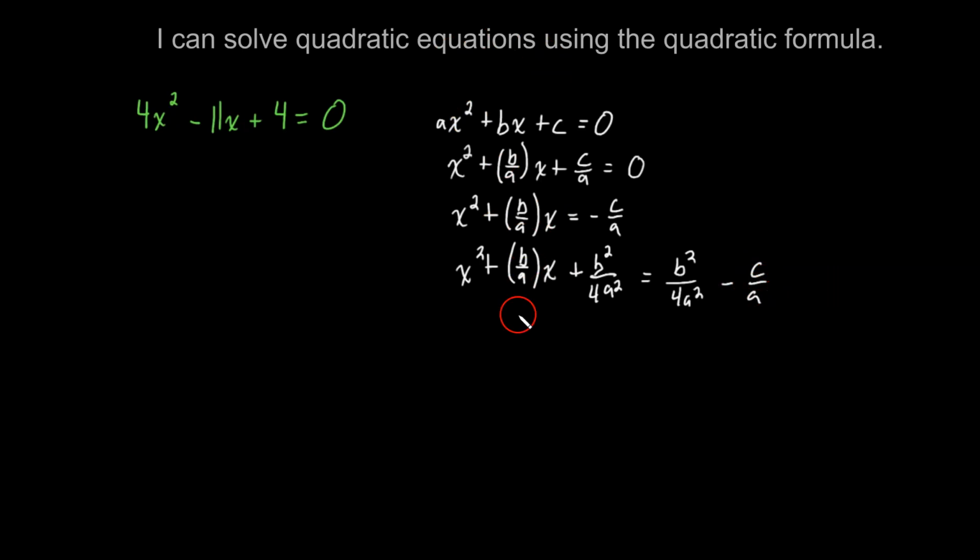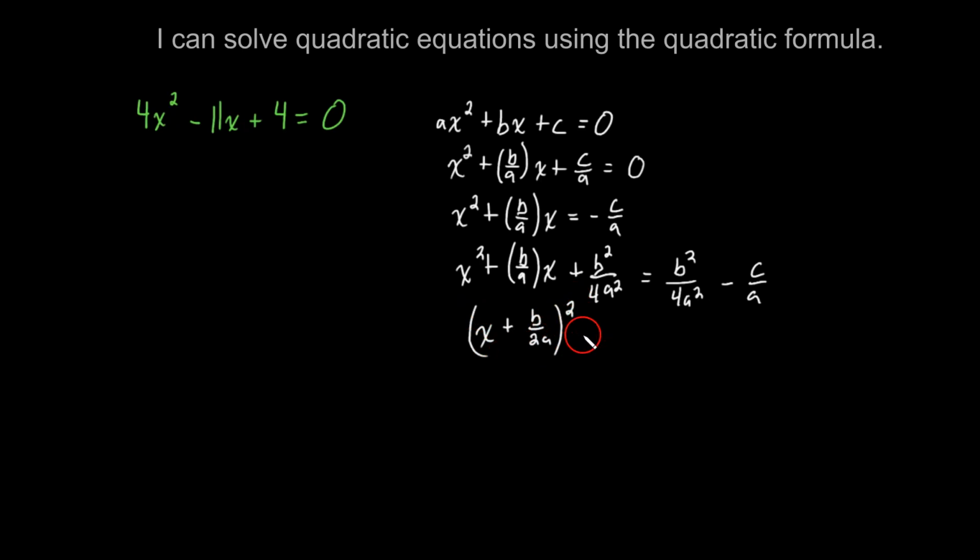So now on the left side we can factor this, and we see that this is a perfect square trinomial. That would give us x plus b over 2a, and that whole quantity squared.